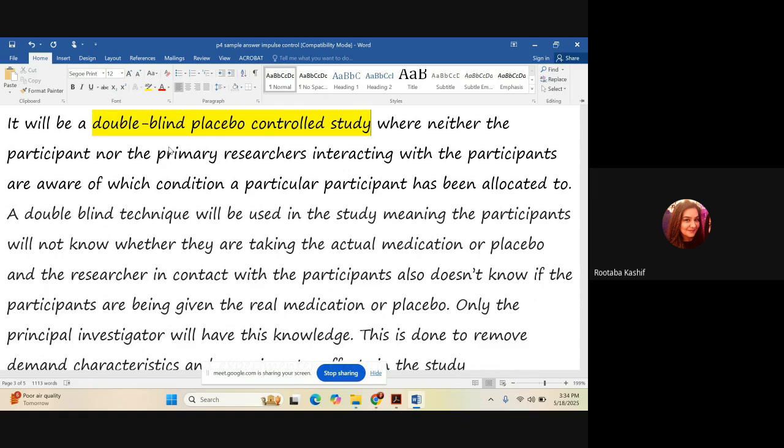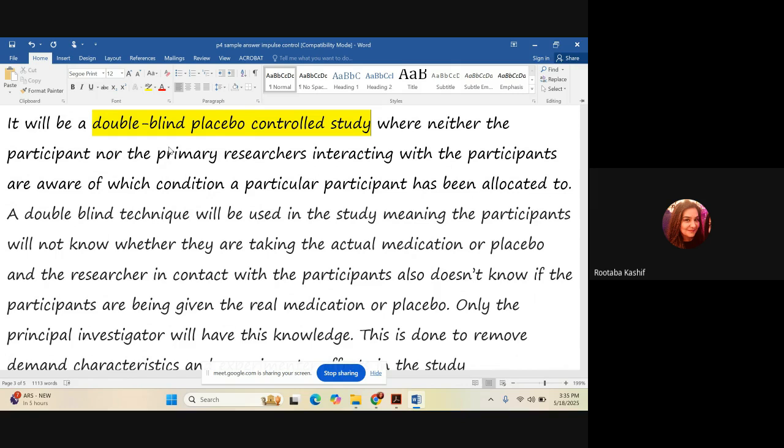They are just overlooking the whole procedure, so that their own subjectivity or knowledge does not become a confounding variable. Because if the principal investigator is involved directly with the patients, then they would definitely know that I have given this patient SSRI and this other patient a placebo.